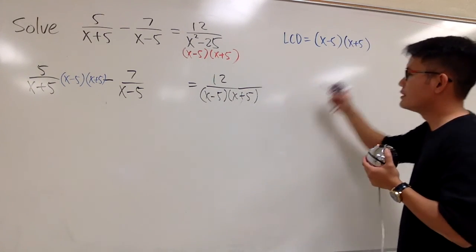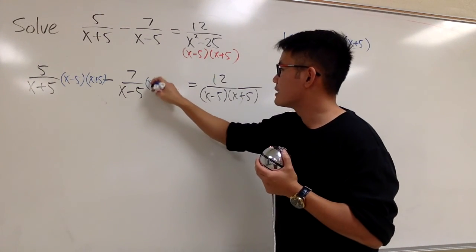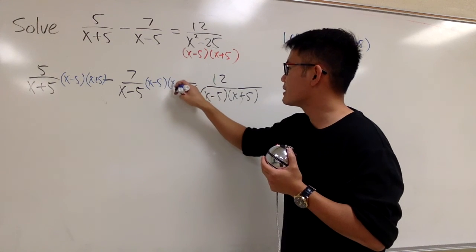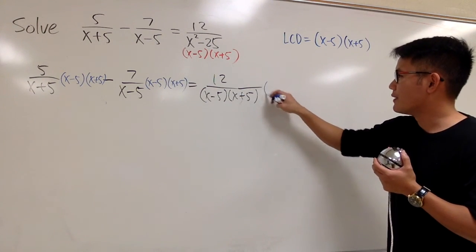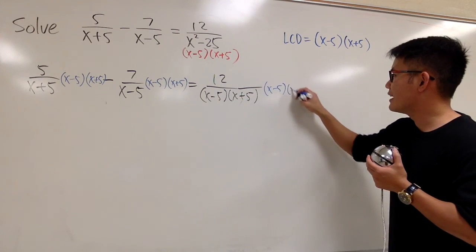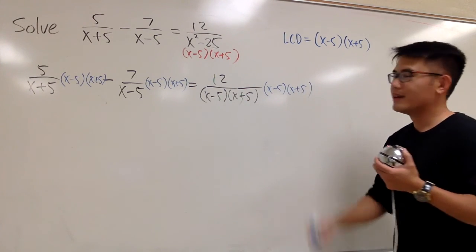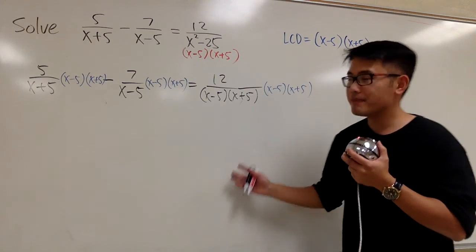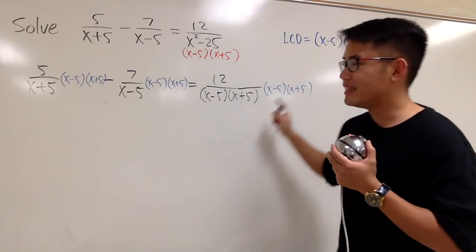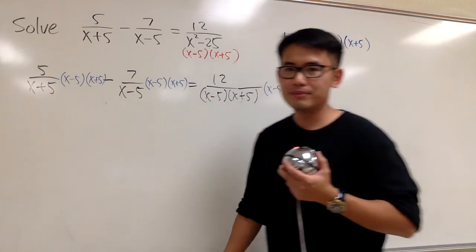And then we'll also put this down right here, x minus 5 times x plus 5. And then likewise for the last part right here, x minus 5 times x plus 5. Okay? So, you see, this is what I mean by multiply everything by the lowest common denominator.